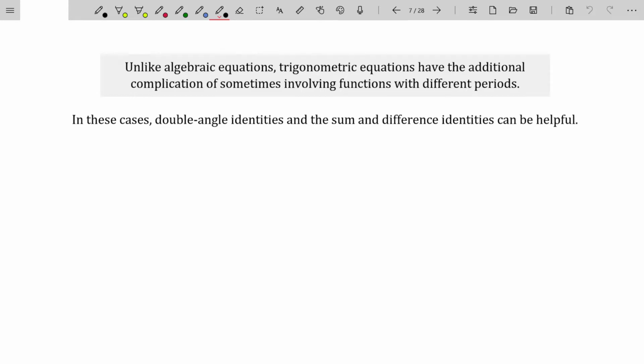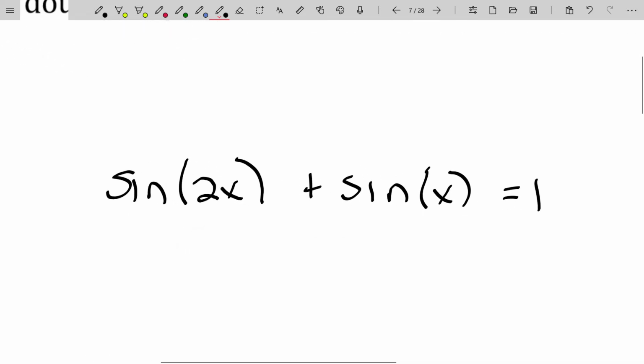That is, you could be given sine of 2x plus sine of x is equal to 1 or something like that. You can't do anything with this as written because these angles are different.